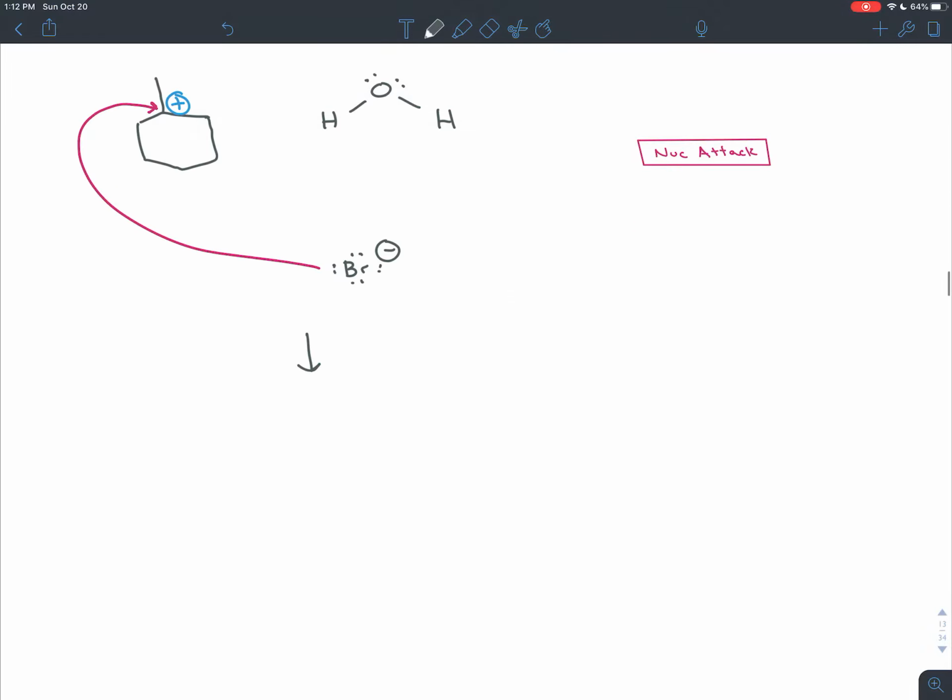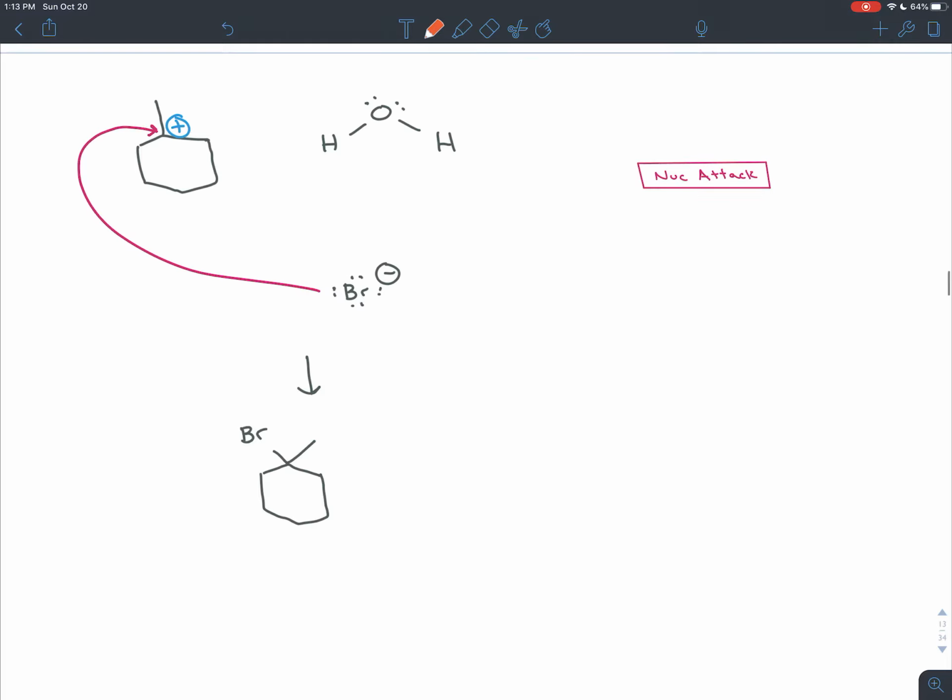And that leaves us with our product. Now notice that here we don't have a chiral center, because going around the ring one way is the same as going around it the other way. You run into the same stuff at the same point. So it's not a chiral center, but because this is an SN1 reaction, if it were a chiral center, we would get both enantiomers.